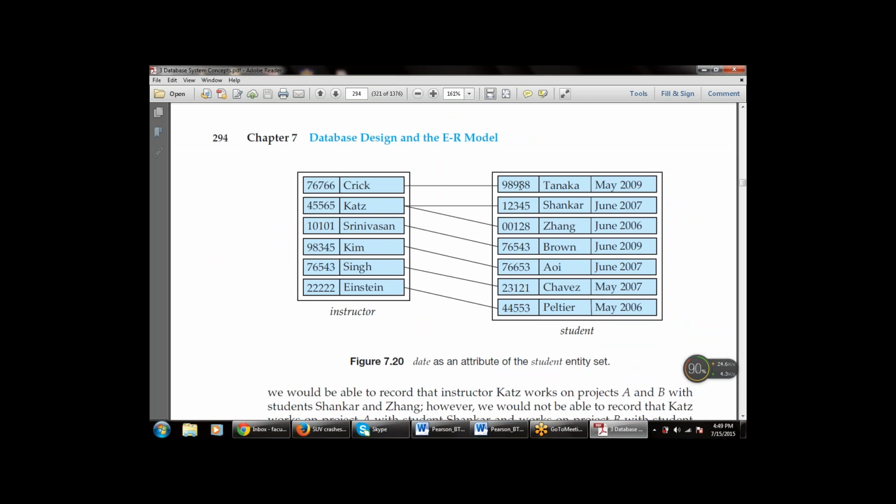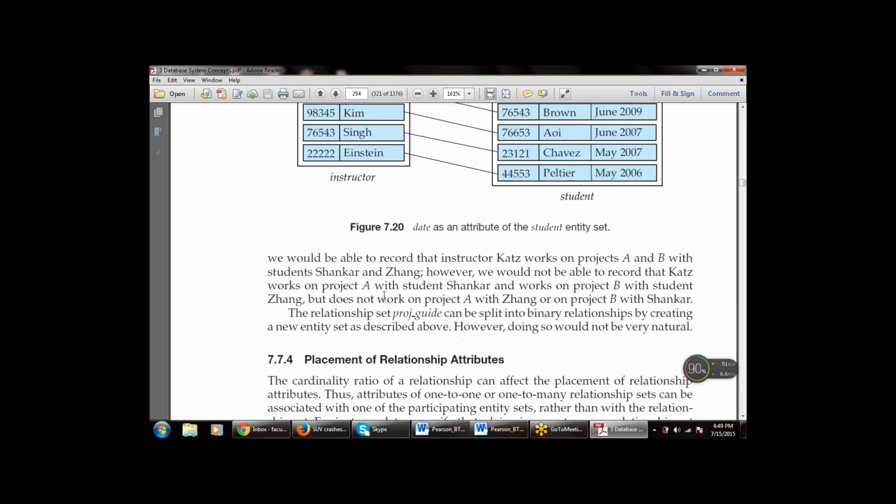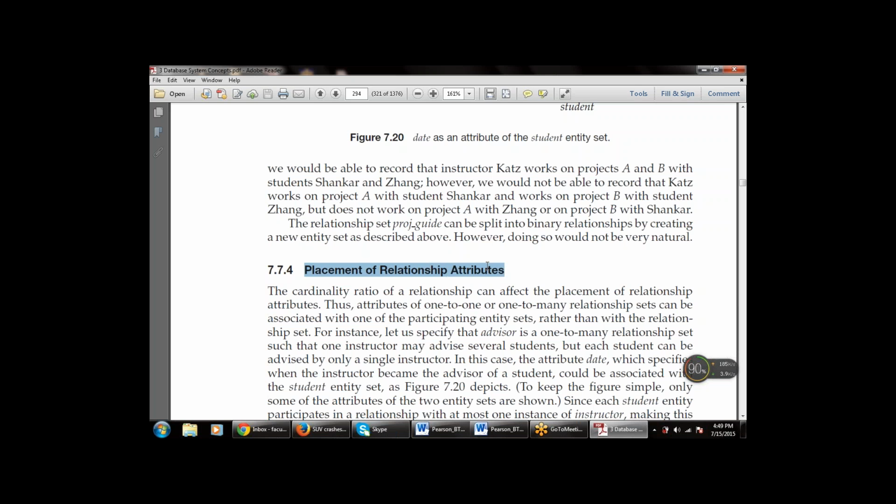Then the next issue is the placement of relationship attributes, that is, where to place the relationship attributes, and by what attribute or column name the given relationship will be represented.